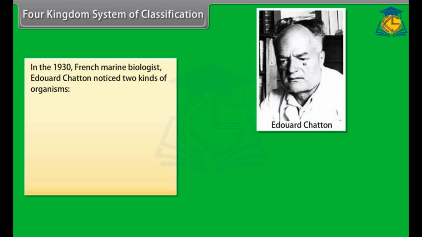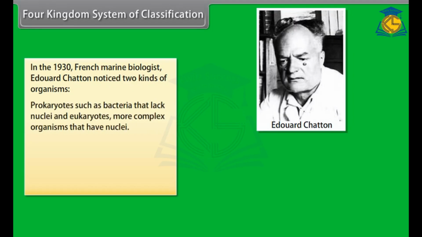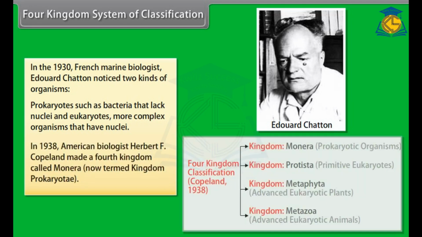In the 1930s French marine biologist Edouard Chatton noticed two kinds of organisms, prokaryotes such as bacteria that lack nuclei and eukaryotes, more complex organisms that have nuclei. In 1938, American biologist Herbert F. Copeland made a fourth kingdom called Monera, now termed Kingdom Prokaryote.